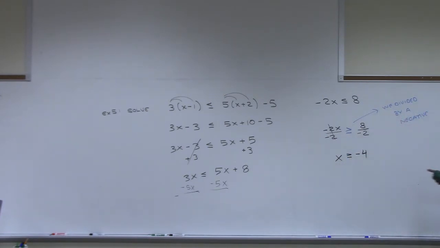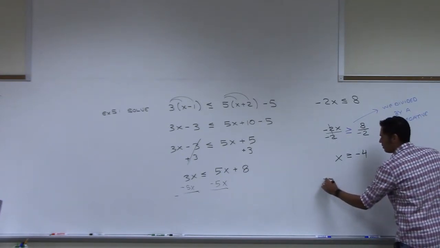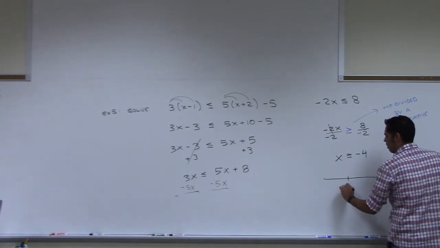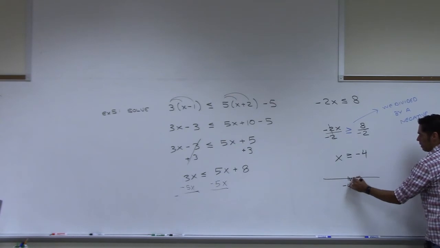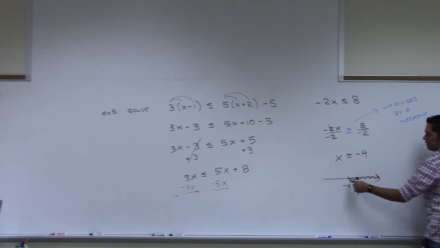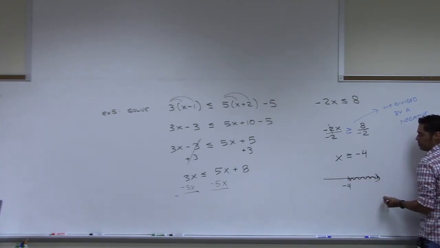Even though that is correct, we're going to graph this, and then write it down in interval notation. For the graph, I put negative 4, and then it's everything to the left or to the right? To the right. And do we want negative 4 or not? Yes. So what do we do? Bracket.